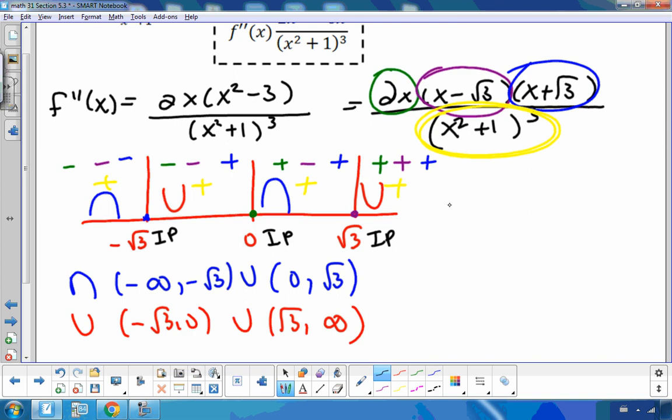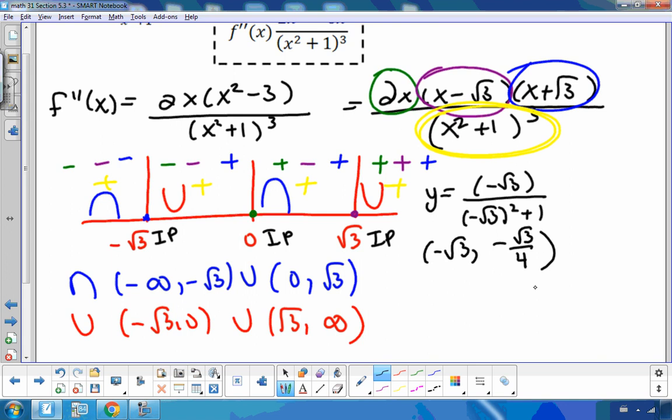Okay, so if I take negative root 3 and I put it into my original equation, I'm going to have negative root 3 all over negative root 3 squared plus 1. So that means that my inflection point will be at negative root 3 and negative root 3 over 4. I do the same thing for 0.